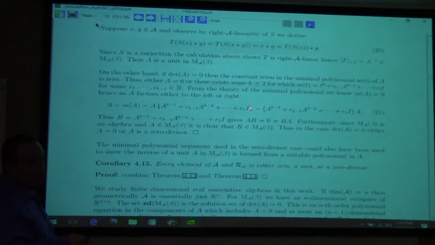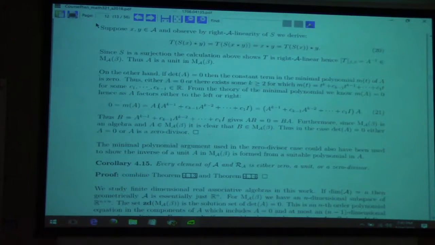And so A times this is 0, which means that B equal to that is a zero divisor in the matrix. So there you go. There's an explicit, constructive, if you will, demonstration that if the determinant is 0, it is a zero divisor.